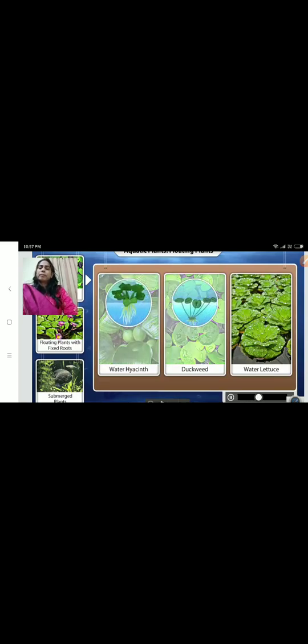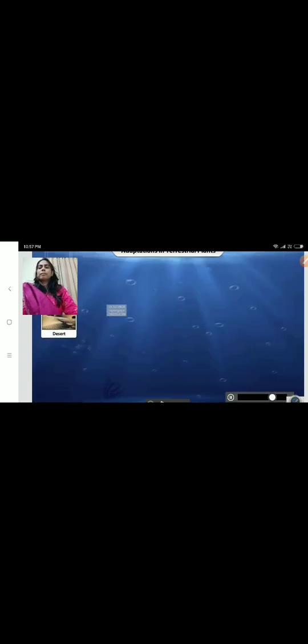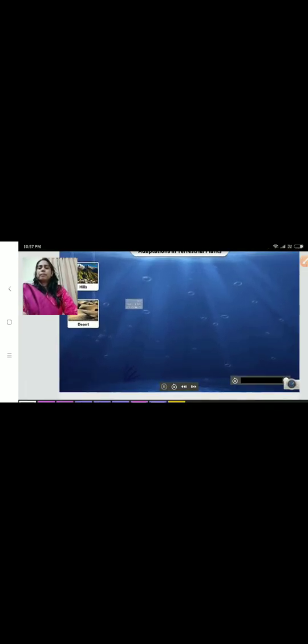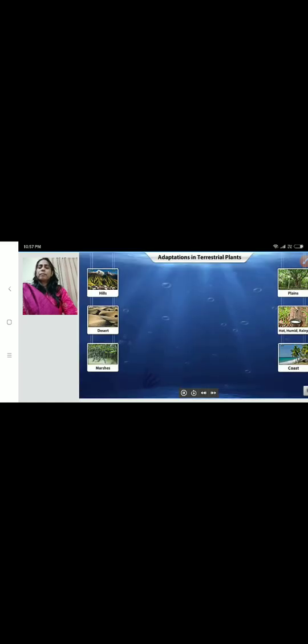Their roots are not fixed in the soil, so the entire plant floats on the surface of the water. Terrestrial plants in different climates also adapt themselves to their surroundings. Click each region to see the type of plants that grow in that climate.